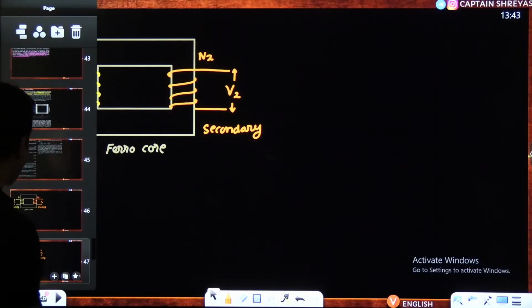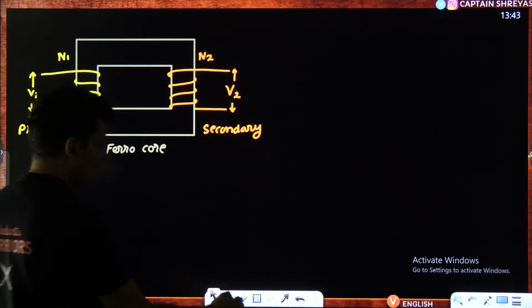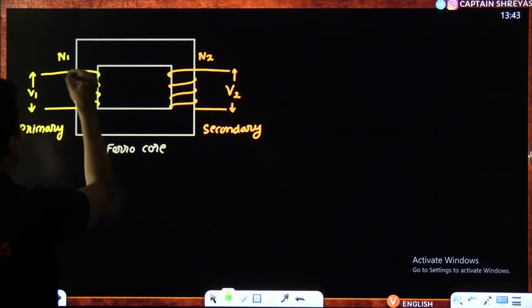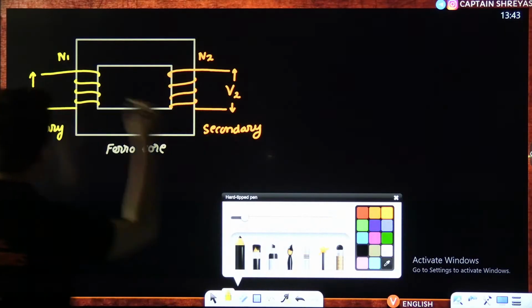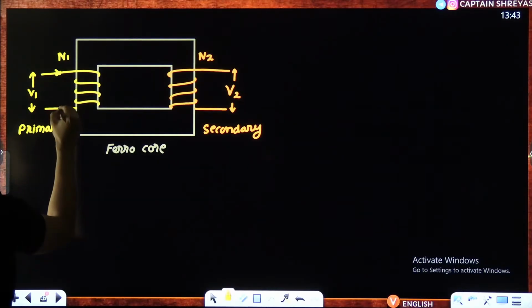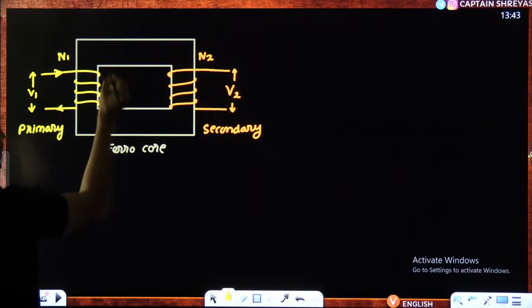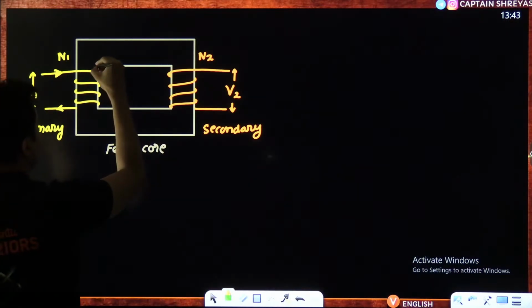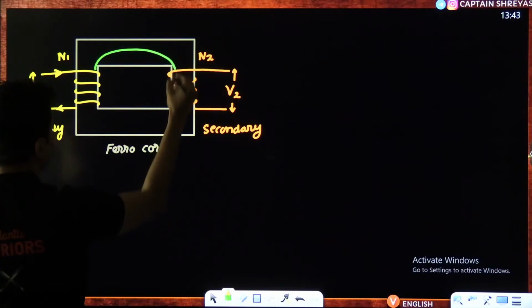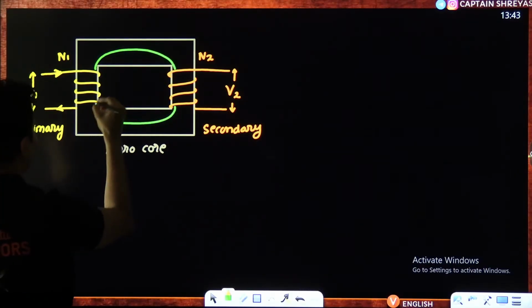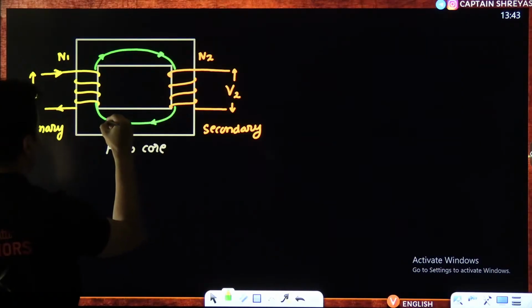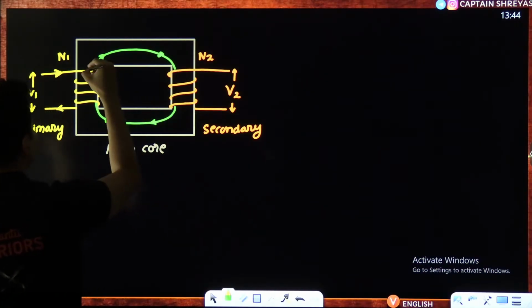Now, if you draw the magnetic field lines, because of the primary's current, obviously there is some current over here which is coming in from one side, and when it goes through this coil, it is going to produce a magnetic field which goes like this. Most of the magnetic field will go through the core, through the secondary coil.